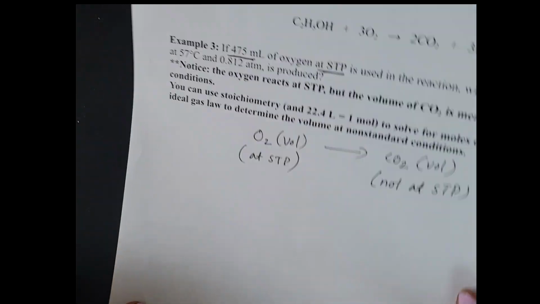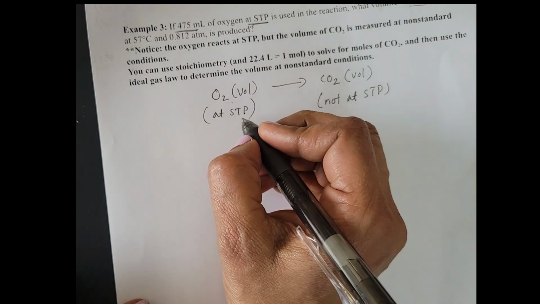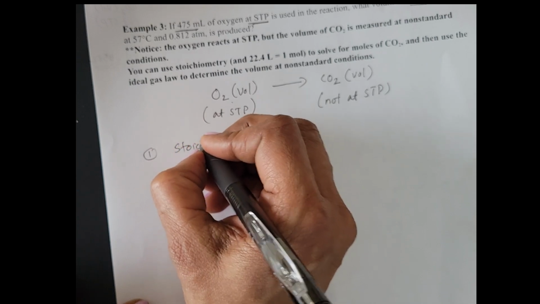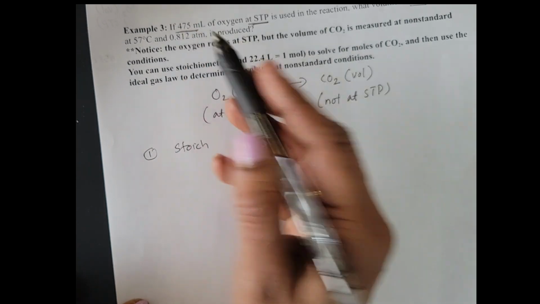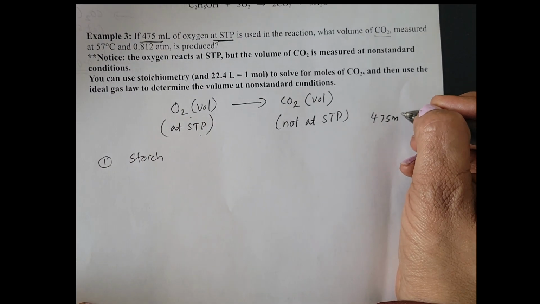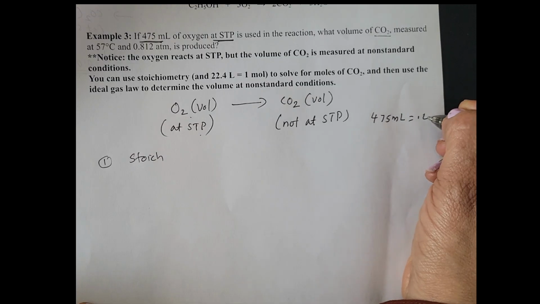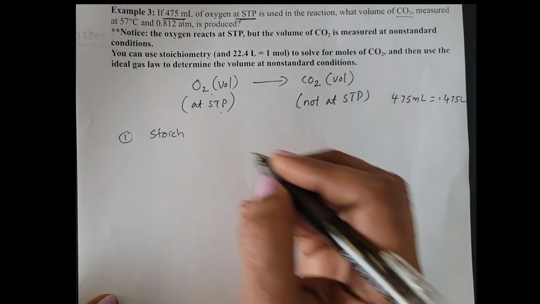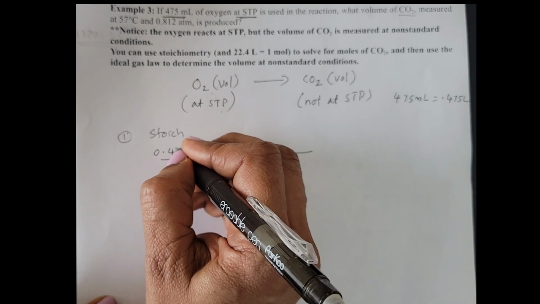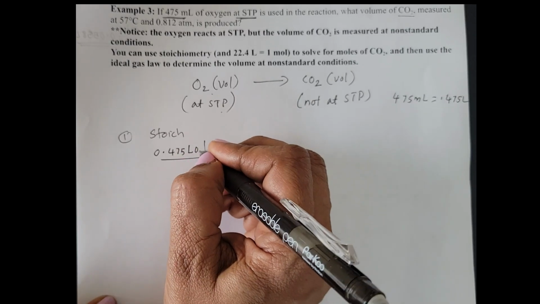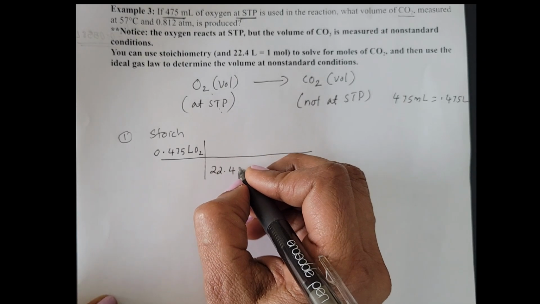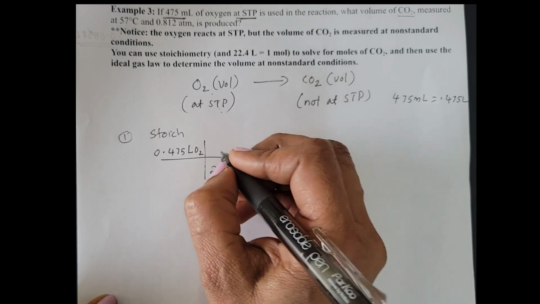Since the first one is at STP, in the first step you are using Stoich. We will start from the volume, but remember it is in milliliters. 475 milliliters will be 0.475 liters. So you are starting from 0.475 liters of oxygen. Since it is at STP, we can say 1 mole is equal to 22.4 liters of oxygen.